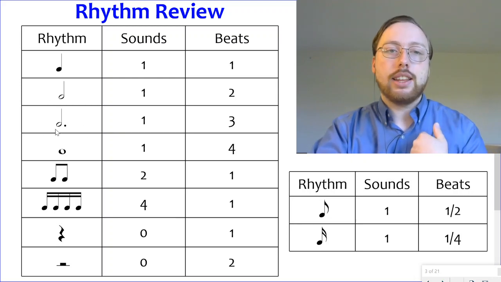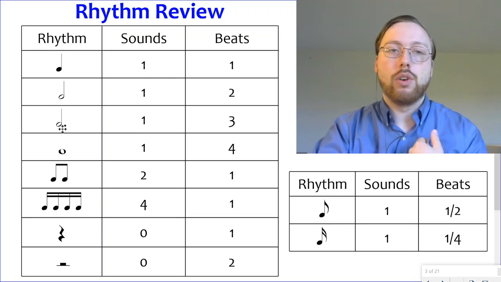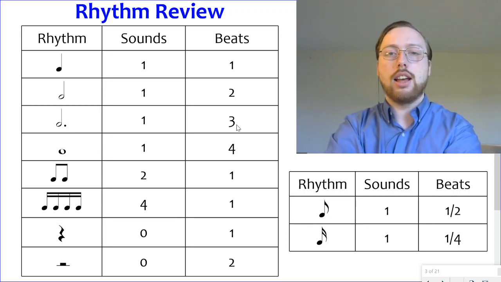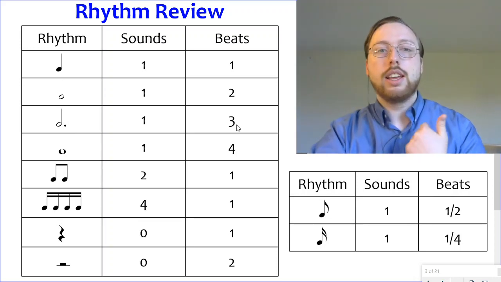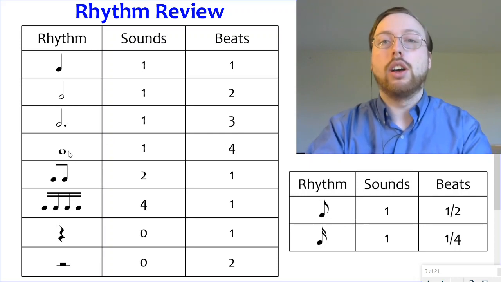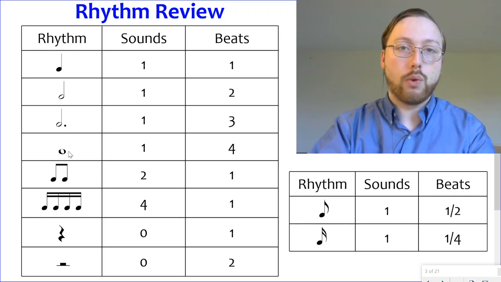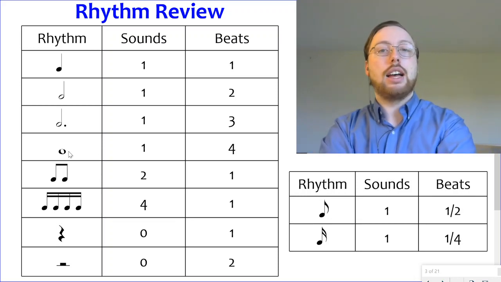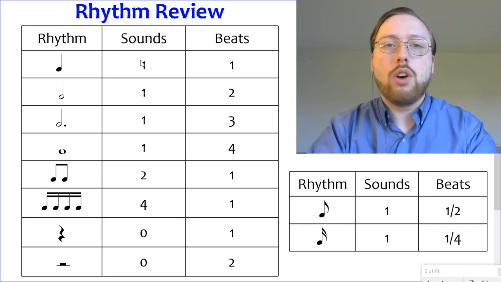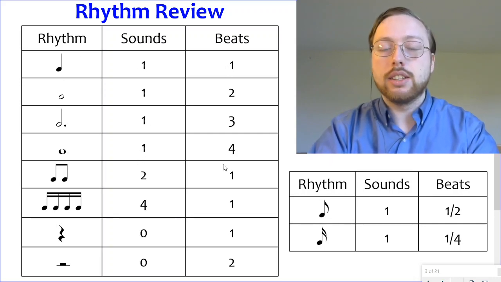If we add a dot, that becomes a dotted half note, or a ta-a-a, which has 3 beats. If we add one more beat, then we get to a whole note, or a ta-a-a-a. So there are 4 beats. So these 4 are all rhythms that have one sound on a number of beats.